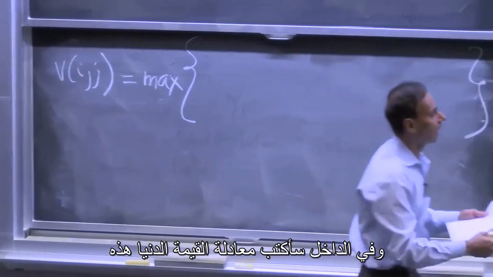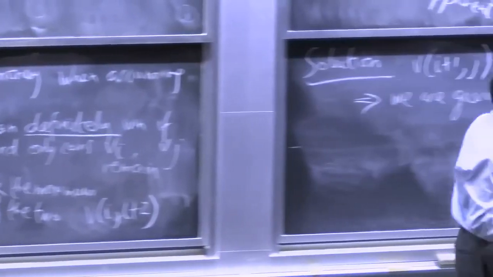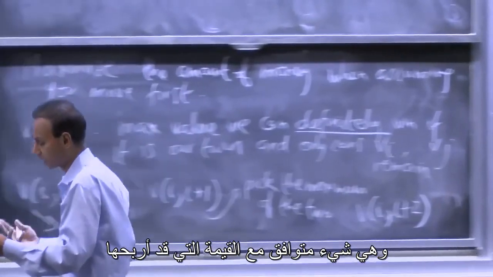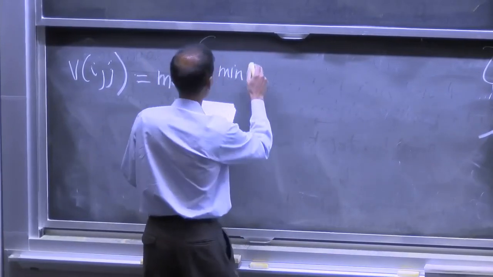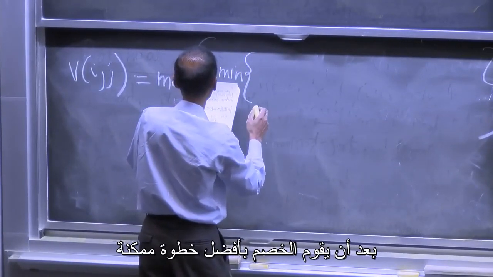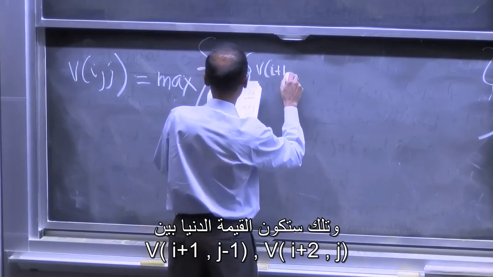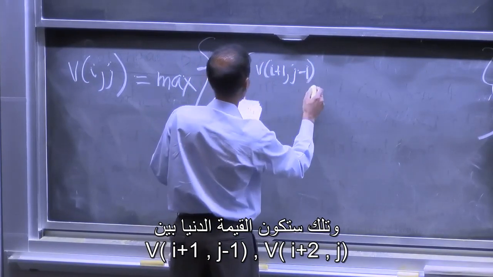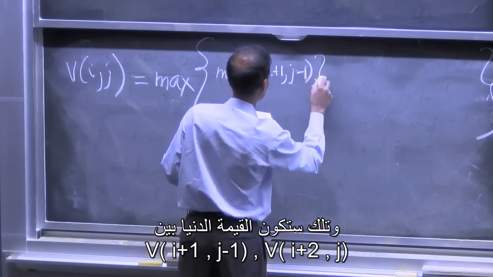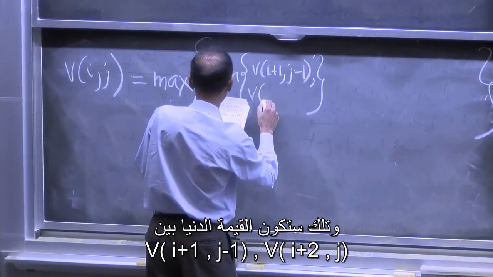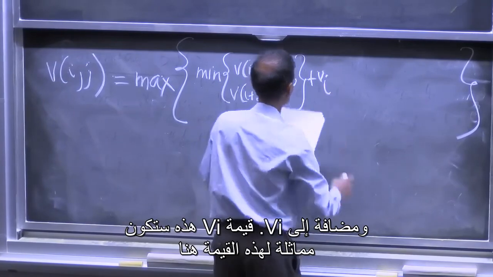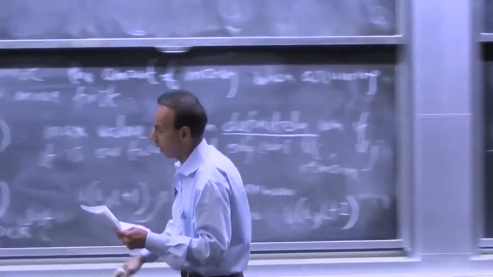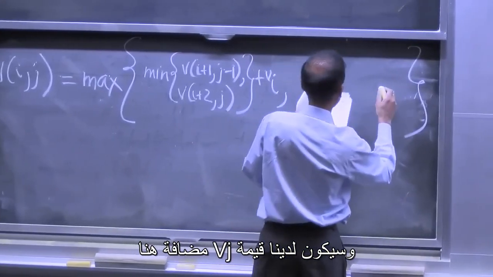And inside, I'm going to plug in this min, which corresponds to the value that I would win in the worst case after the opponent plays the best possible move, and that would be V(i+1, j-1), comma, V(i+2, j), plus vi. This vi is the same as this one up here. And you've got a plus vj here.